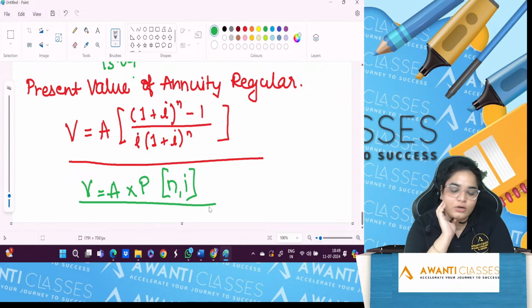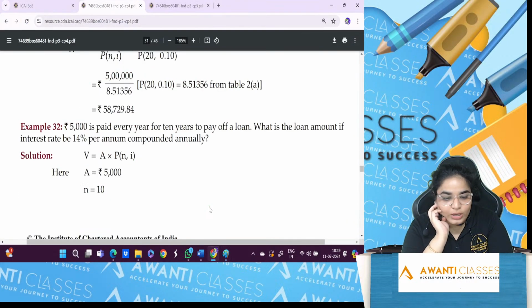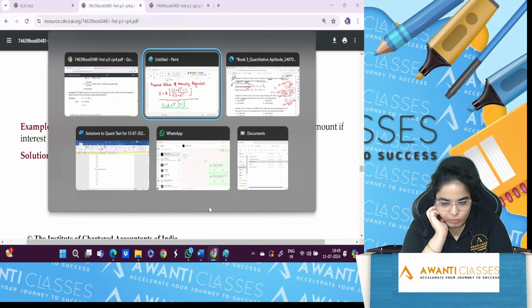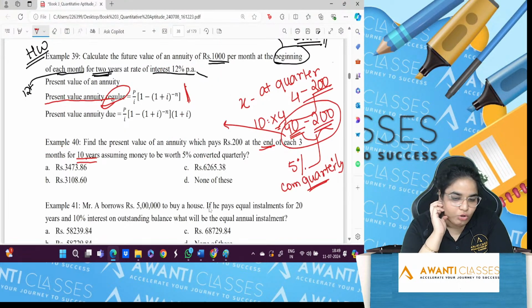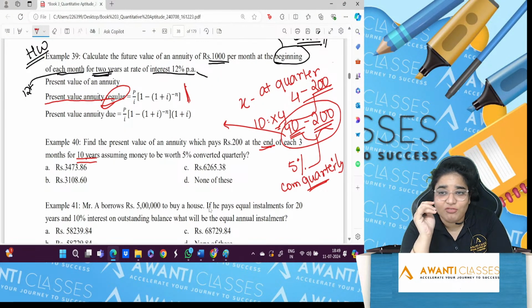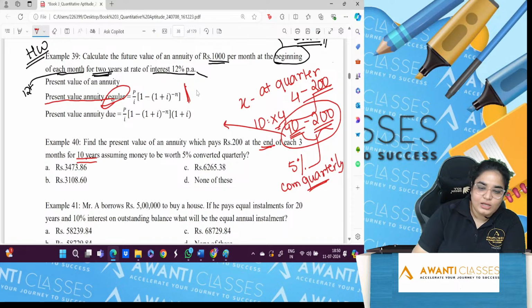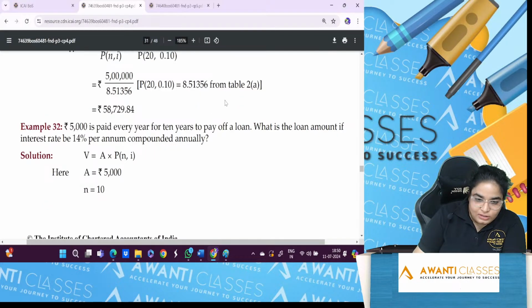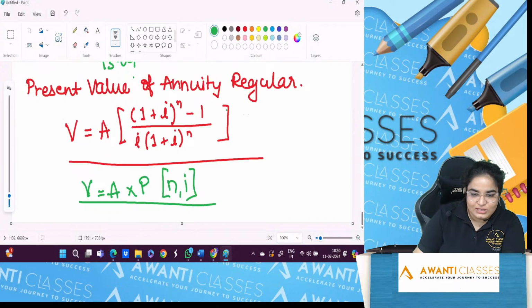If you Google it or you try, you can. So I'm telling you all the formulas. You can try whichever one is convenient to you, whichever formula you can do fast. The first formula is what is in the textbook itself. If you can do this fastest, very good, go ahead. Otherwise, you can do this one.